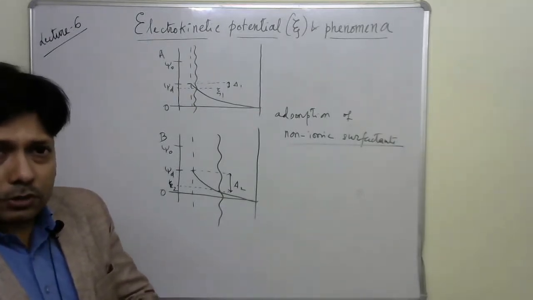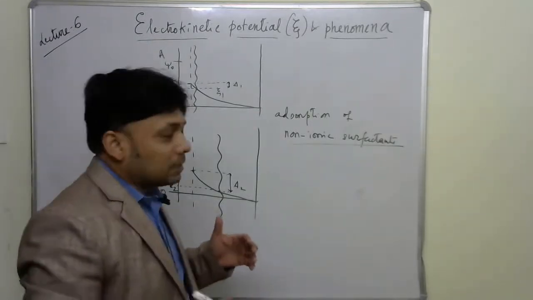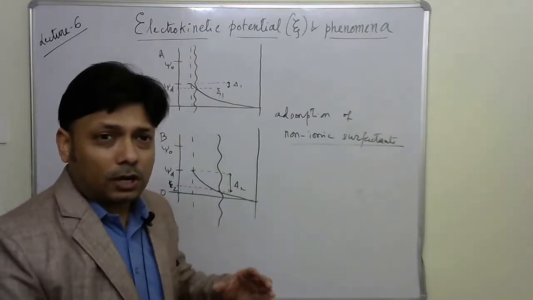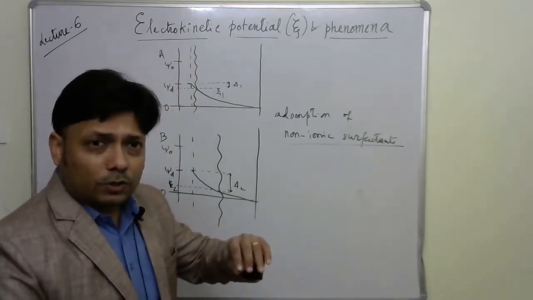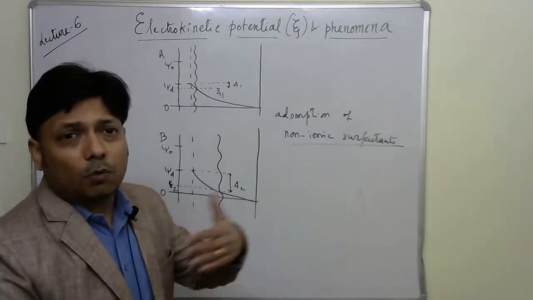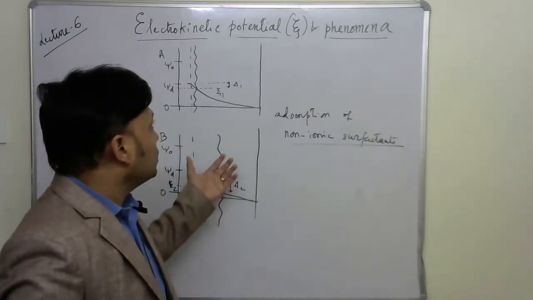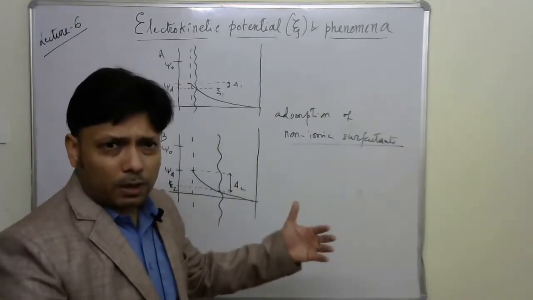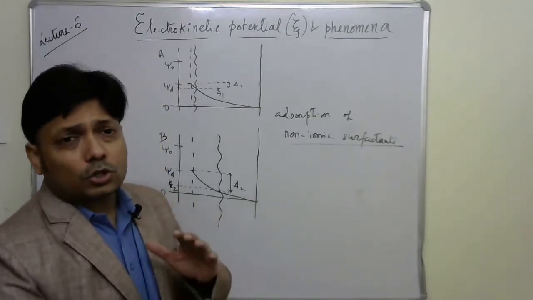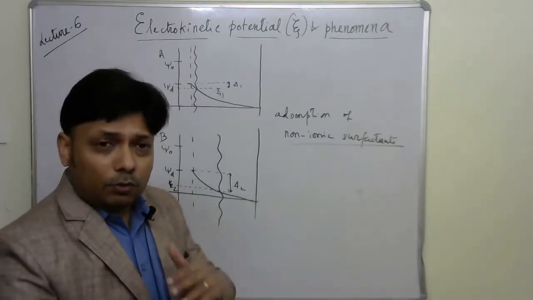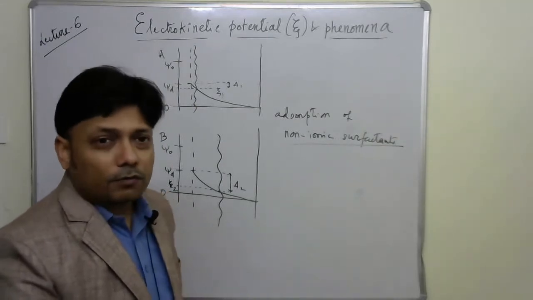So this is all about the practical knowledge of the zeta potential, and we have avoided much of the theories or the mathematical equations related to this electrokinetic potential, Boltzmann distribution, etc. Those are there in the textbooks. If you are interested, you can take a further look at that.